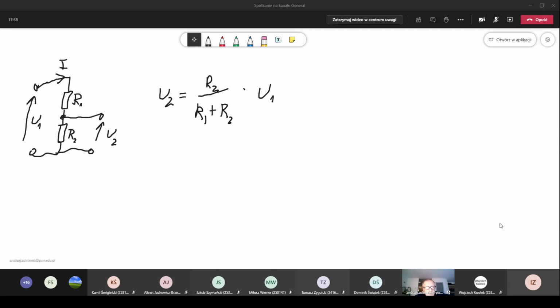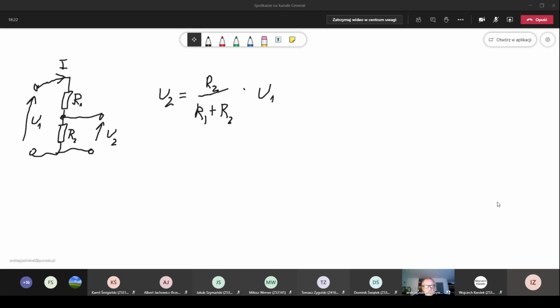Not loaded, not biased. There is nothing connected to these points. Terminals. So nothing is connected to the terminals.